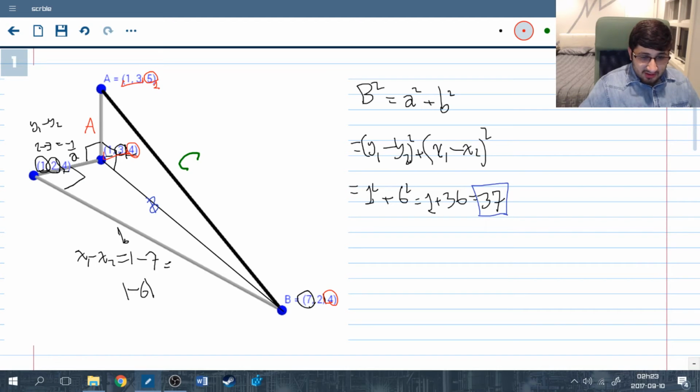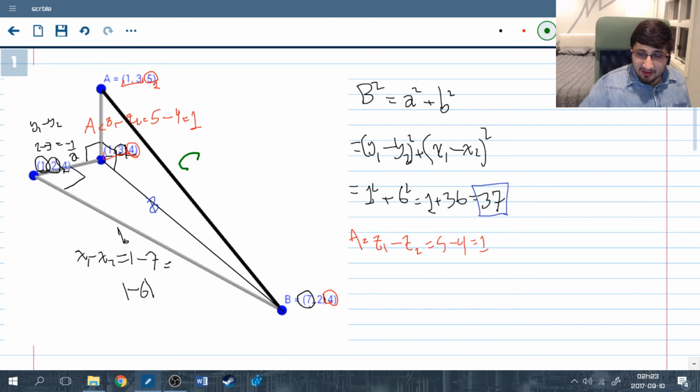So we're going to say that a is equal to z1 minus z2, which is going to be 5 minus 4, which is going to be a 1. So then let me write that down here. A is equal to z1 minus z2 is equal to 5 minus 4, which is equal to 1.